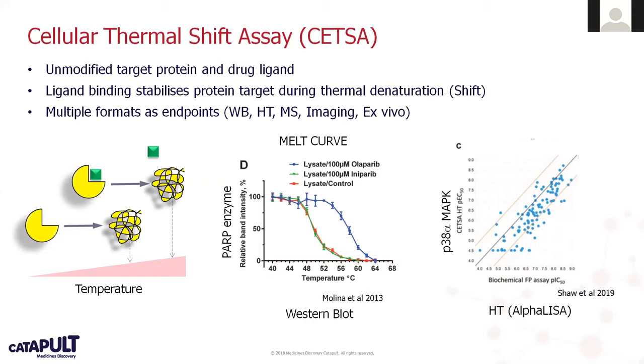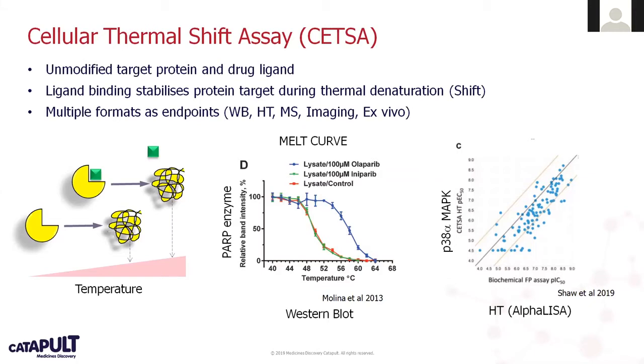The panel on the right is an AlphaLISA higher throughput endpoint overlaid on top of the basic CETSA approach. It gives you higher throughput. What these higher throughput endpoints have shown, which is quite interesting for the whole concept, is that there's a subset of compounds that bind as high affinity binders to a target, but the particular arrangement of that interaction of that particular ligand with the target doesn't stabilize the target structure.